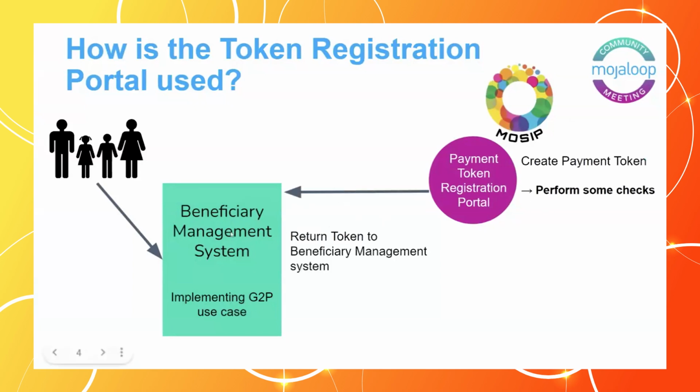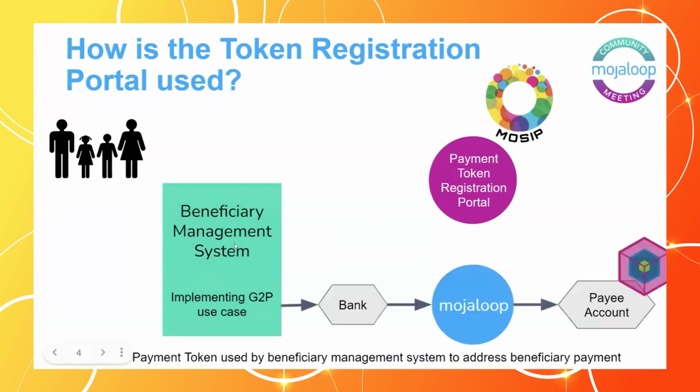What that means now is the beneficiary management system, whenever it needs to pay that individual, can use that token to make payment. It does this in the normal mechanisms through their bank that is connected to it. So why is this significant? It could just be a normal payment token.